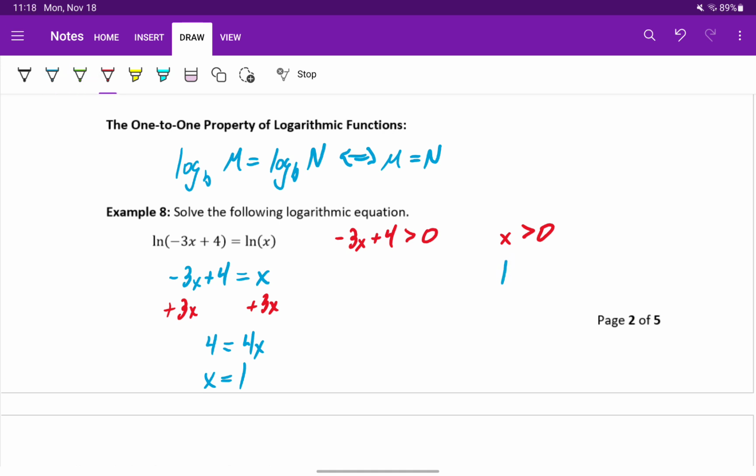If x is equal to 1, that's greater than 0, so that solution checks out. If x is equal to 1, we would get negative 3 times 1 plus 4 in the first logarithm, which would give us positive 1, which is greater than 0. That checks out. So x equals 1 is a valid solution to this equation.